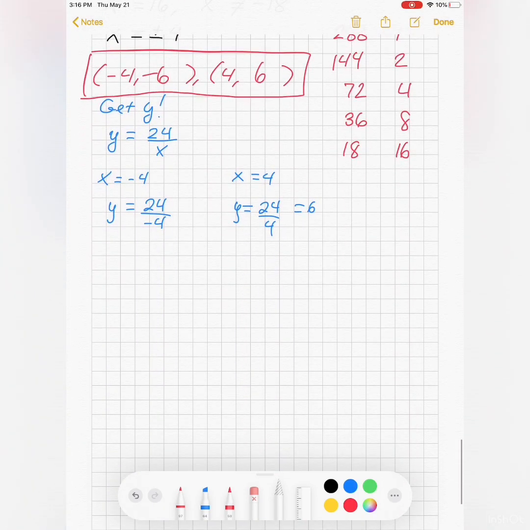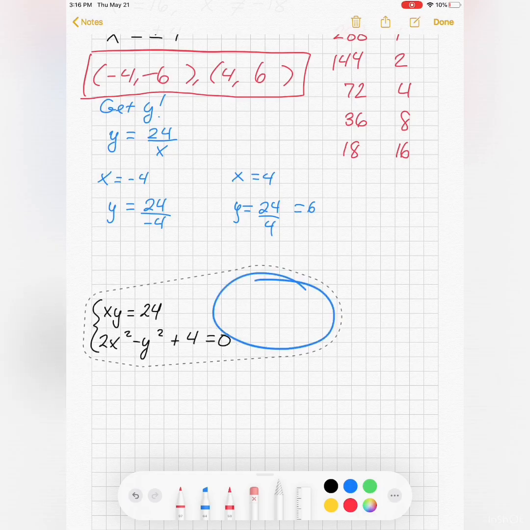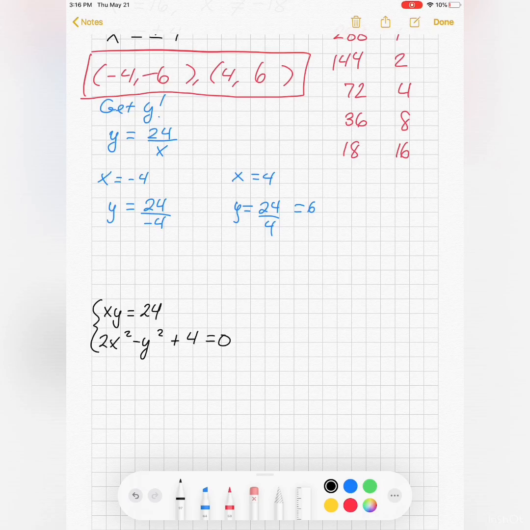Let me see if I can come up with a graph. It can even be a rough sketch. Let's see what we're dealing with.